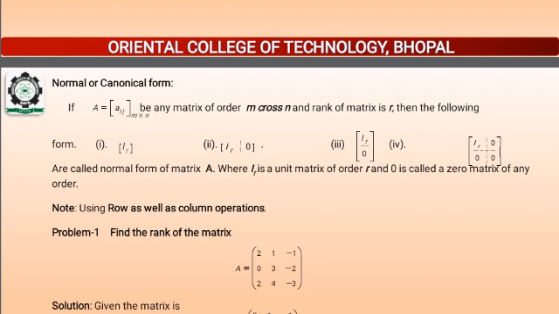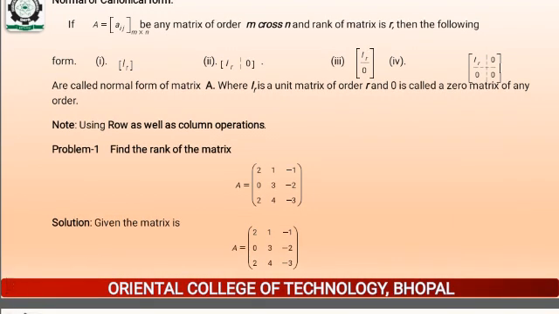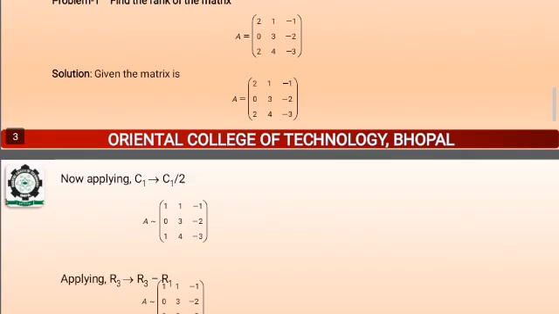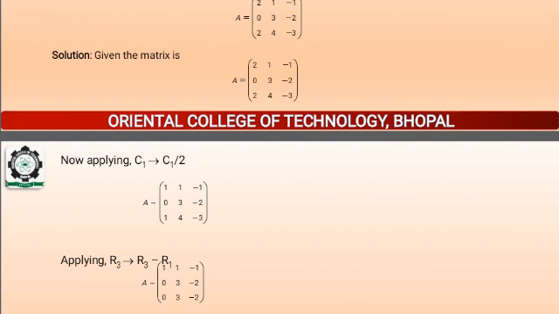Question number first: find the rank of matrix A = [2 1 -1; 0 3 -2; 2 4 -3]. Given matrix is A equal to this. Now applying C1 changes by C1 by 2, means we divide every element of column first by 2.